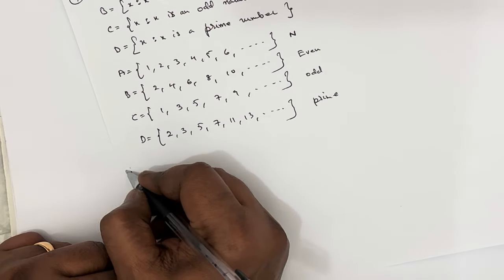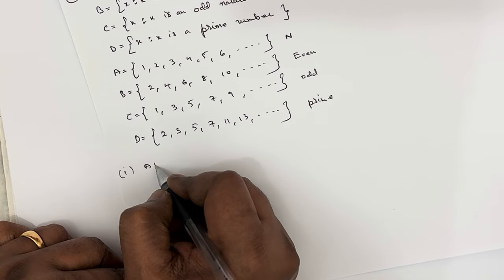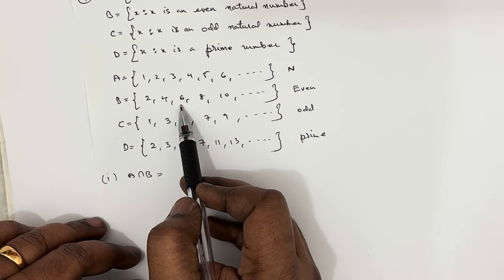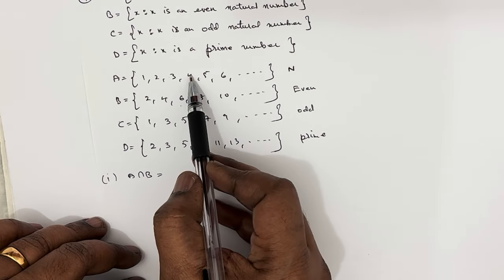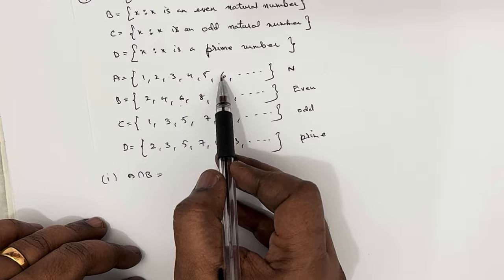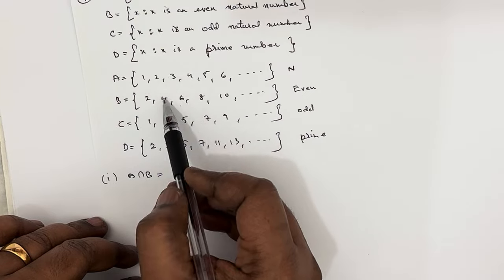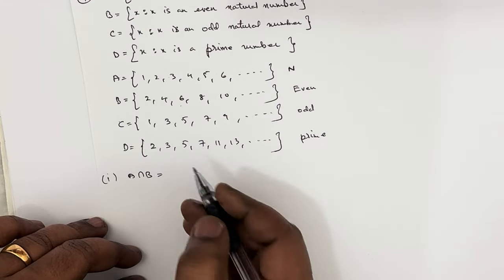So the first question is a intersection b. What are the common elements between them? You have 2, you have 4, you have 6. Natural numbers has everything, but common is only the even numbers: 2, 4, 6, 8 and so on.